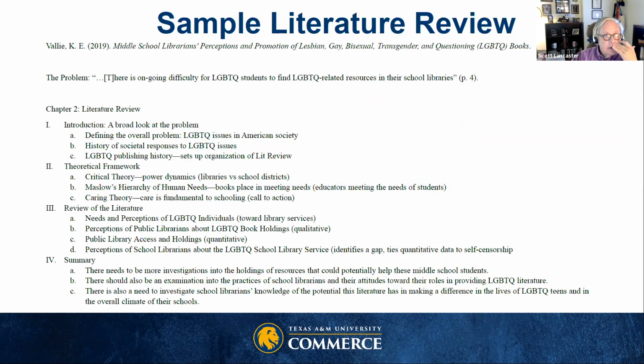This is a sample literature review of a dissertation that I was one of the committee members for a few years ago. Elaine Valley was doing a study of middle school libraries, and looking at what LGBT things they had in their library.